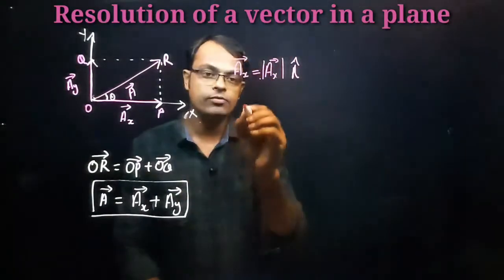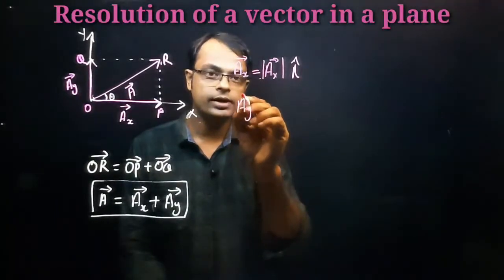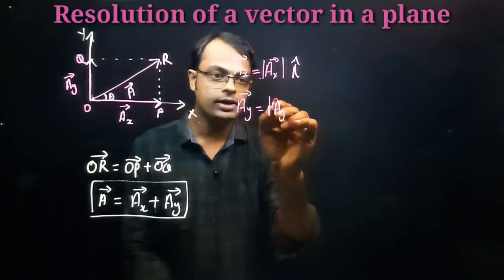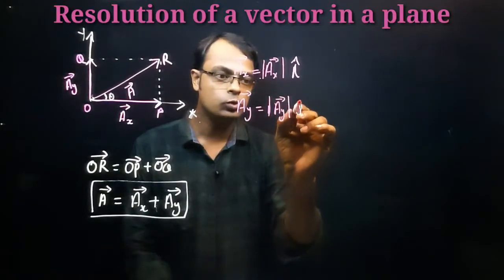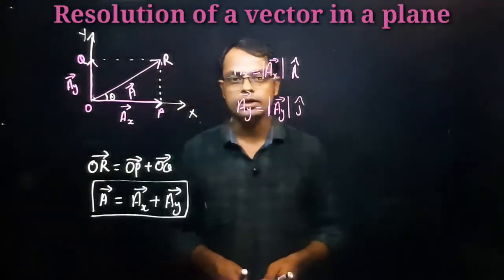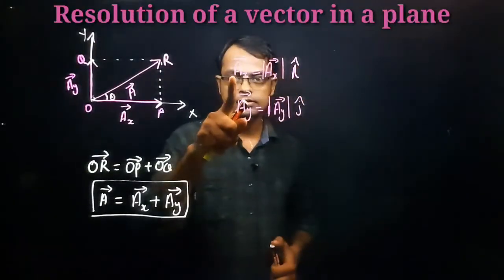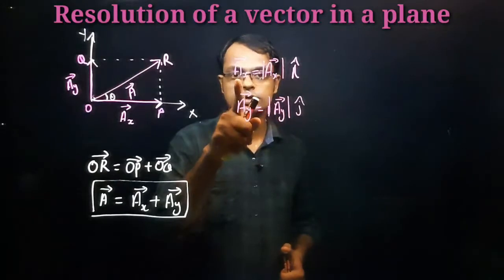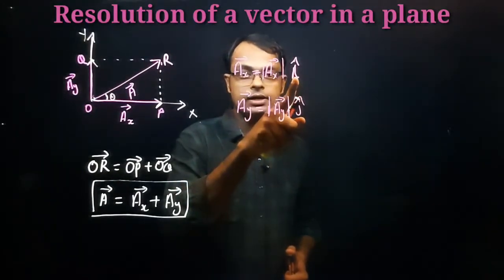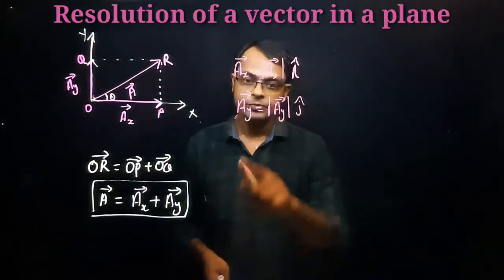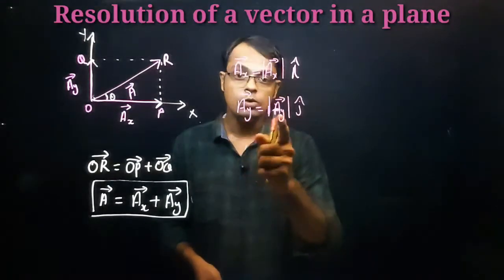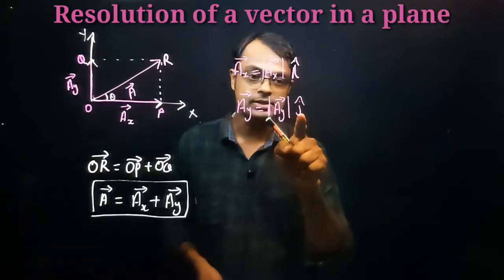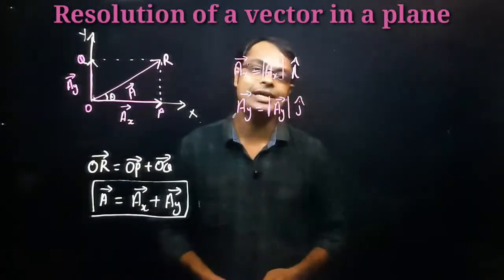The same way, A_Y vector can be written as modulus of A_Y vector into j cap. What is the meaning? A_X vector is equal to modulus of A_X vector, that means the magnitude of this one, into the direction in which it is acting, along the x-axis. A_Y vector is equal to modulus of A_Y along the y-axis, represented by the unit vector j cap.